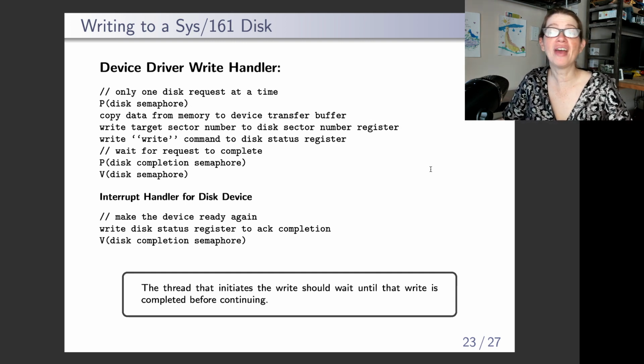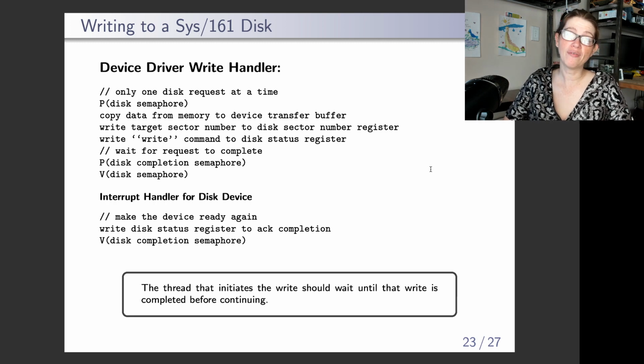You will see that we have a disk completion semaphore and that we P it. The initial value of the disk completion semaphore is 0, because we need to wait for the disk to actually complete the task. Why do we need to wait? There's a few different reasons.